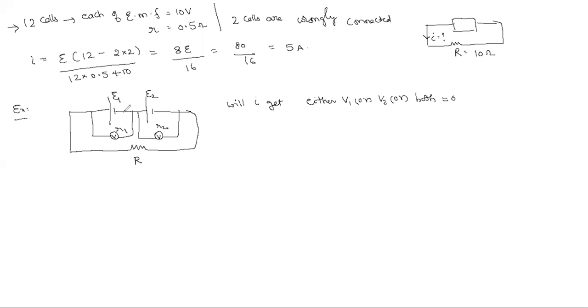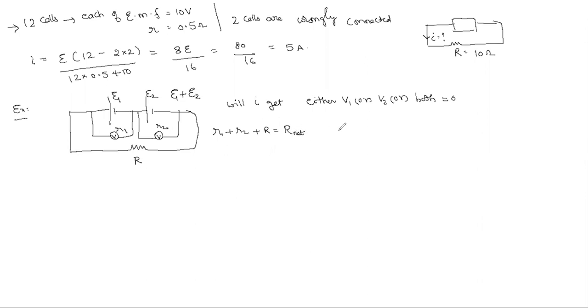How? Same direction. Okay sir, sorry sir. They are aiding or unaiding? Aiding. Aiding means net EMF is E1 plus E2, and total resistance is R1 plus R2 plus R, the total resistance.